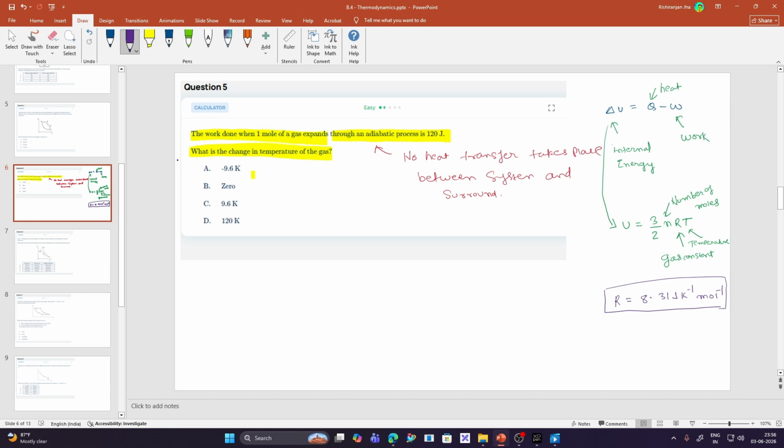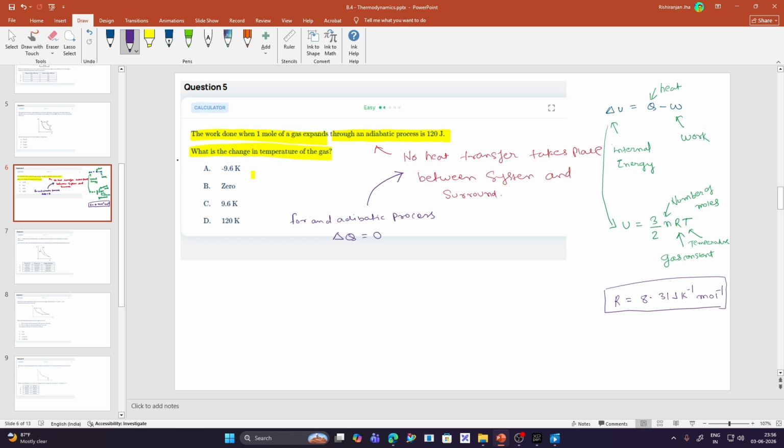So we already know that for an adiabatic process, delta Q is equal to 0. It means there is no heat transfer between the system and the surrounding.